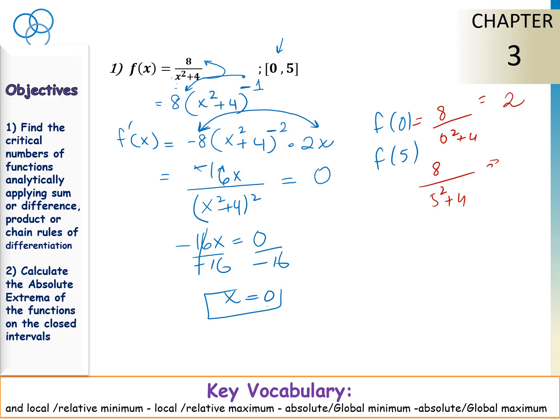So 8 over 29 gives us 0.27. Okay, so the highest value is 2. So our absolute maximum is at f of 0 equals 2 and our absolute minimum is 0.27, which occurs at x equals 5.